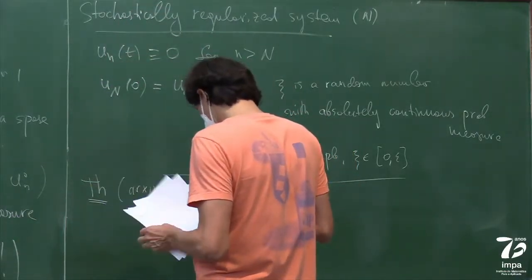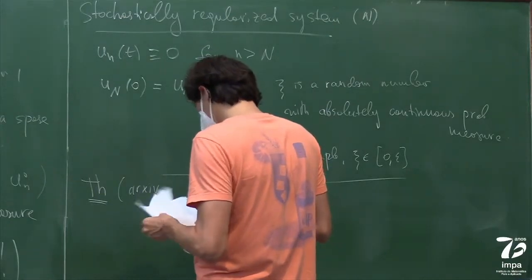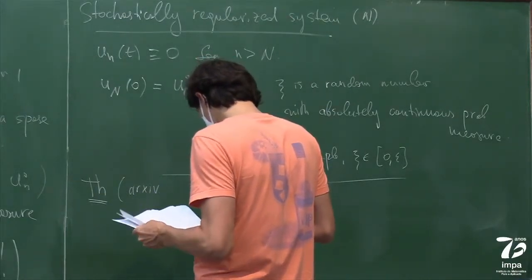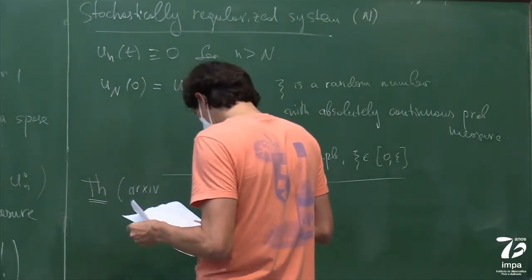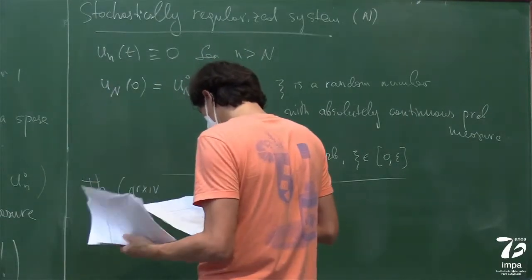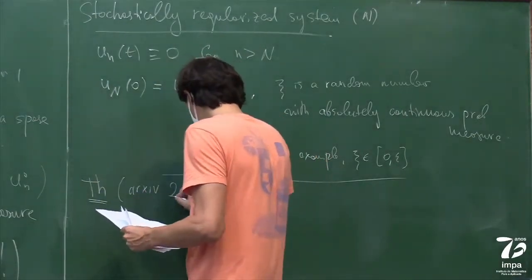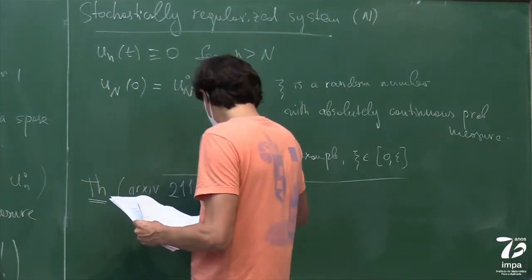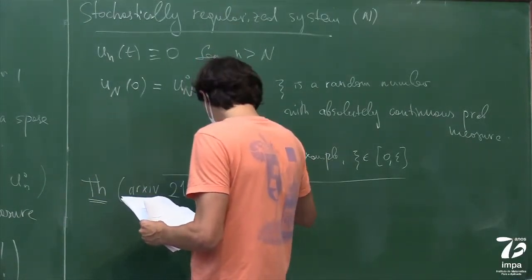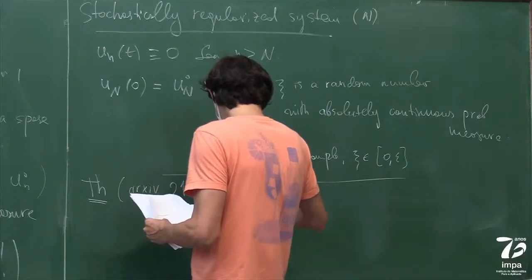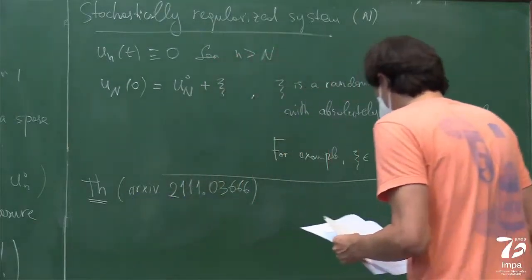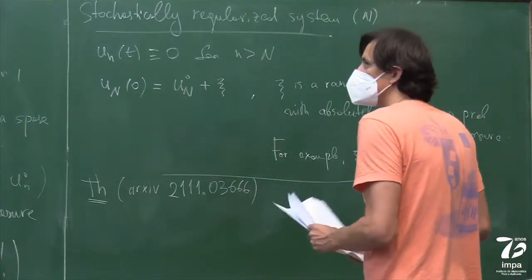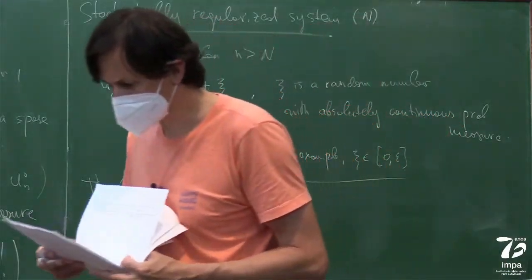It's an arXiv paper by myself and Artem Raibekas, arXiv 2110.03666. You can take it from my webpage, for example. The name is Spontaneous Stochastic Arnold Cat.